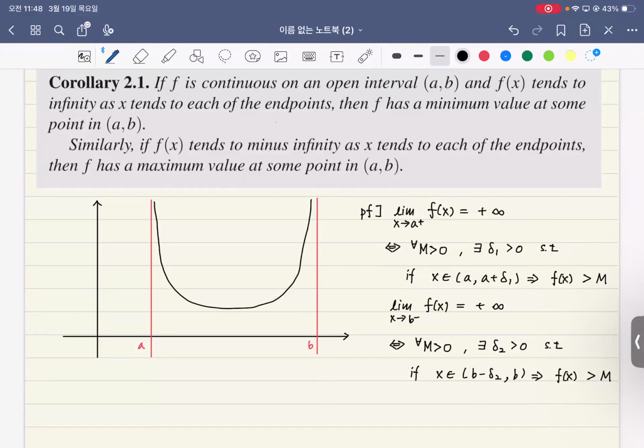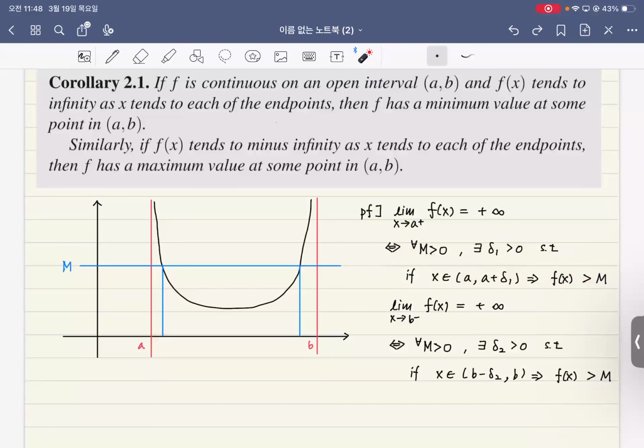In this picture, suppose that this is our m. If this is m, then on this interval we know the function values are greater than m, right?